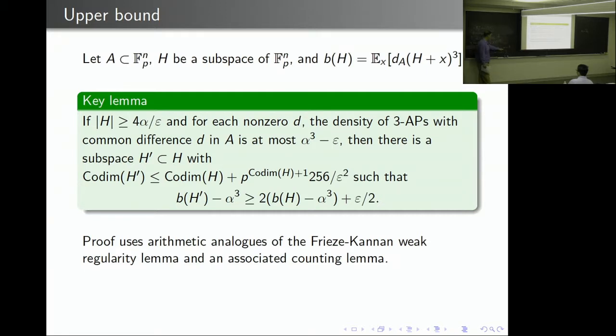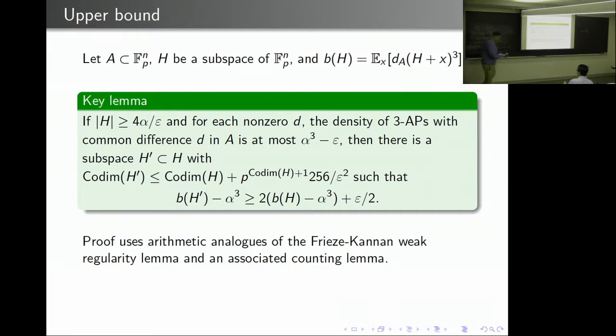In the strong version of the regularity lemma that we mentioned earlier, you get control on the densities inside translates of H, inside these codimension 1 subspaces of the translates of H. And here it's more about global density. And the codimension here is much smaller. So instead of tower, it's only polynomial.